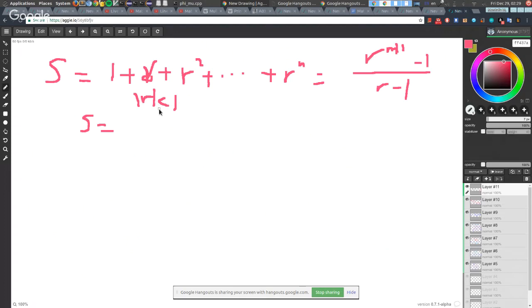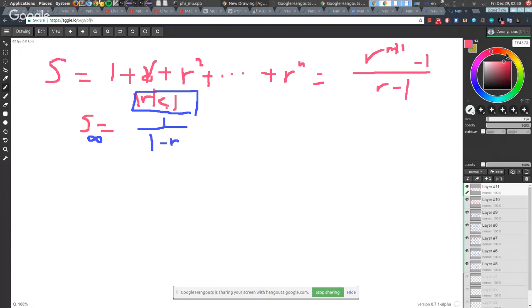So for this number, when we keep multiplying it times itself for infinite times, this will be equal to 0. Basically here this infinity is equal to 1 minus r. So this is the main condition that we can use this expression.